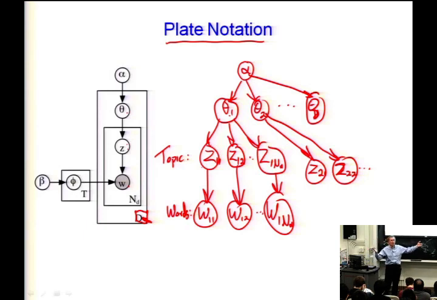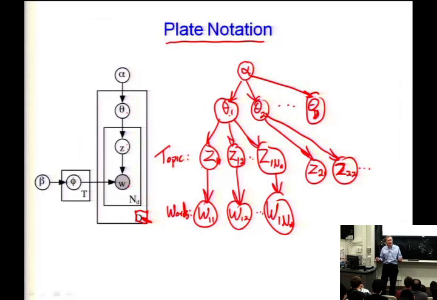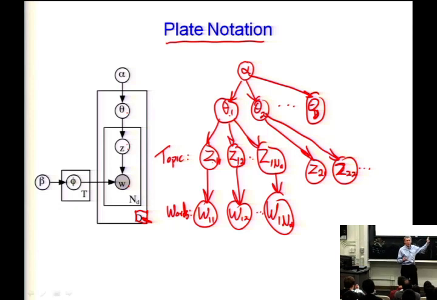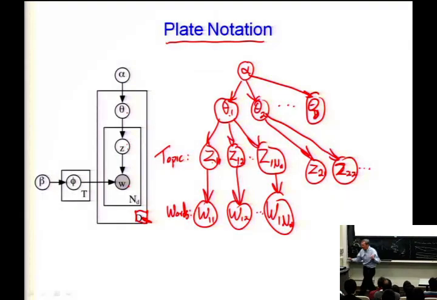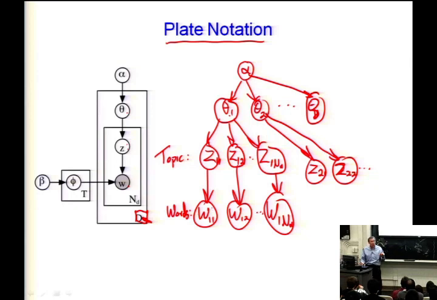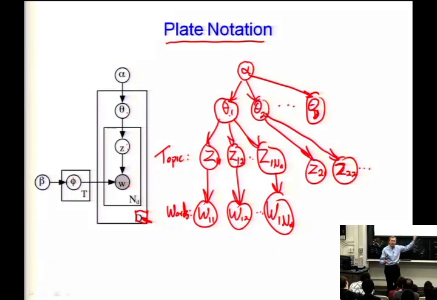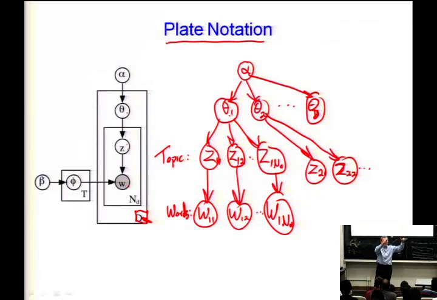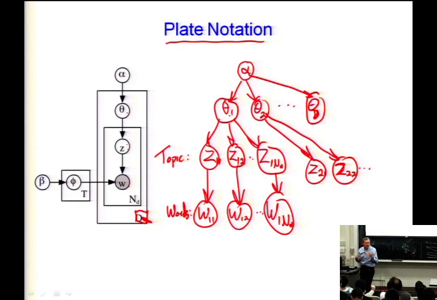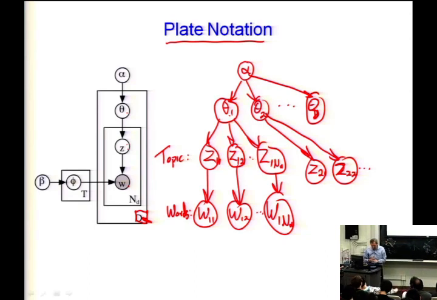If I allow, say, 20 topics, then Z can take on the values 1 through 20. Depending on which topic I choose, like maybe the one about swimming and fish, I'll generate a word according to the probability distribution over words given that fish, water, swimming topic. If I choose a different topic, then I'll generate words according to its distribution.